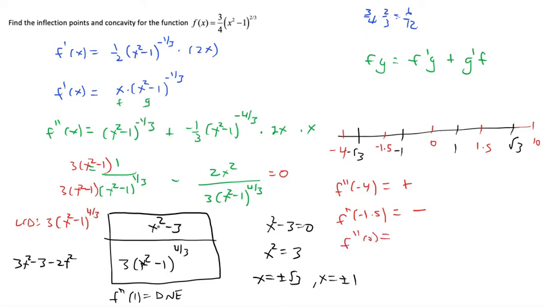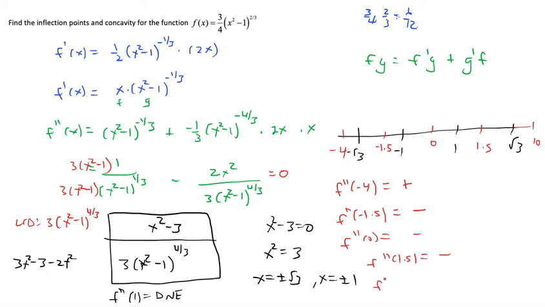You notice when I plug in a 0 here, the numerator is negative. When I plug in a 0 here, this becomes negative. So that's going to be a negative result. F double prime of 1.5, same thing. I'm going to get a negative value in the numerator. This will be positive. That's going to be a negative result.